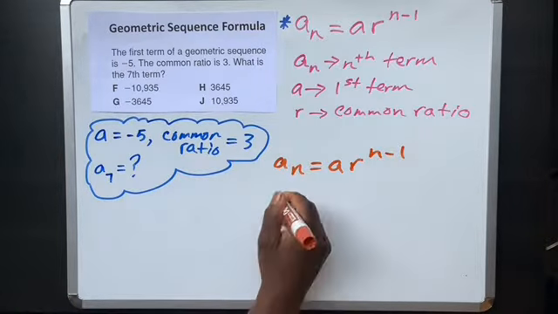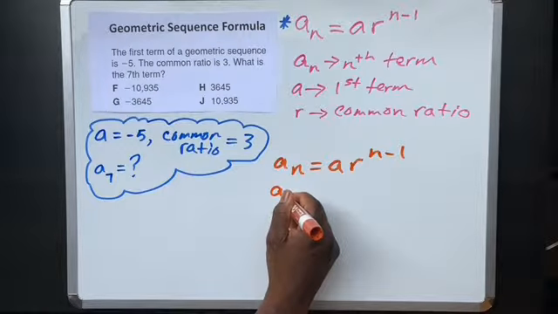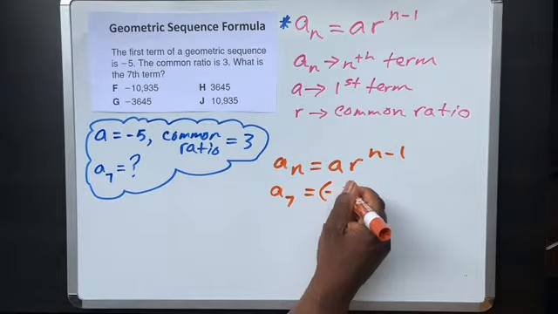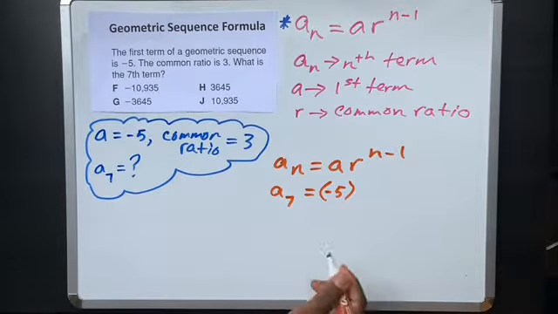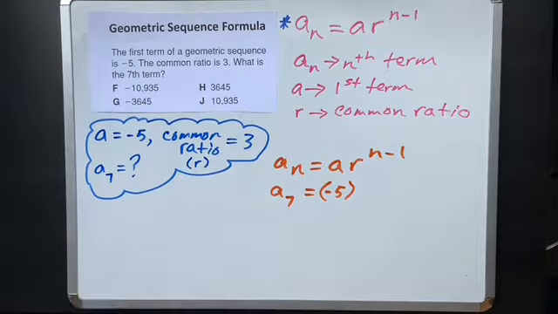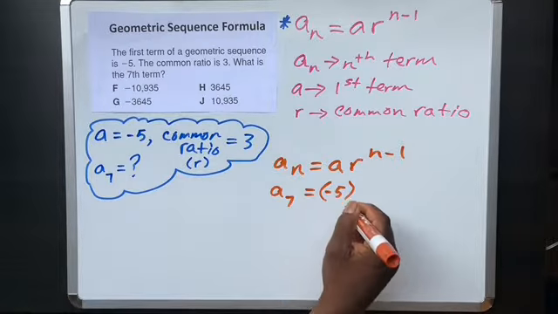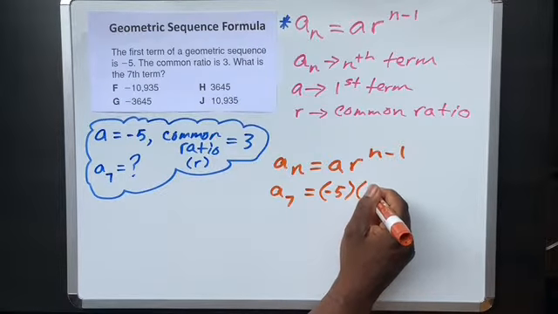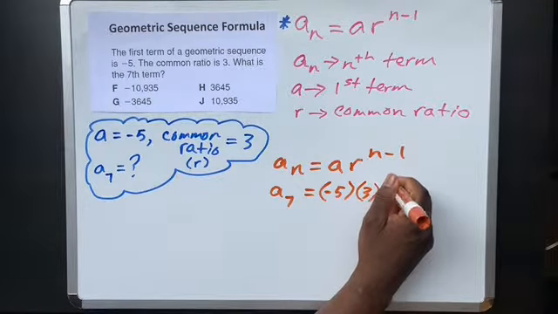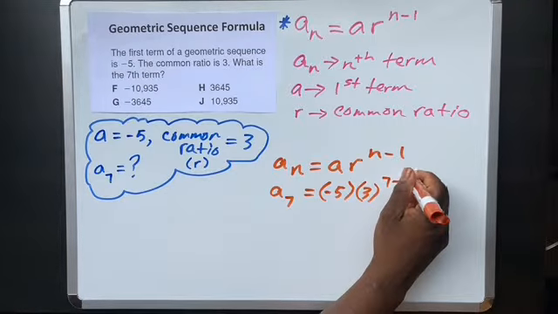Now we're finding the seventh term, so we substitute a sub 7 equals a, which is -5, times r, the common ratio, which is 3, raised to the n, which is 7, minus 1.